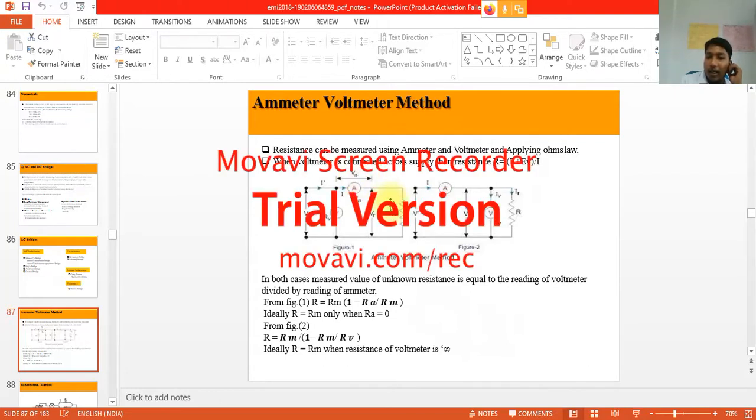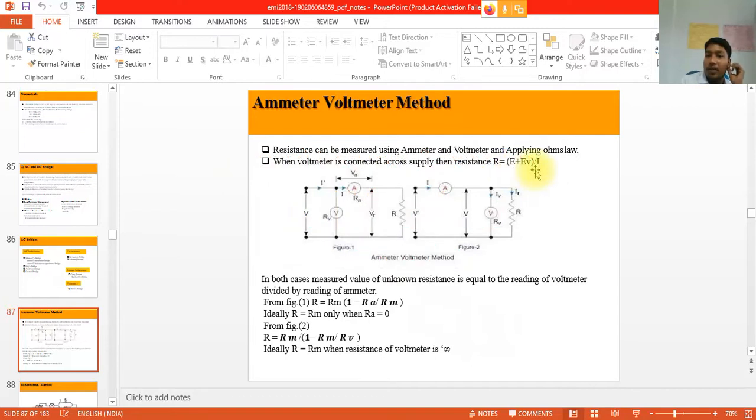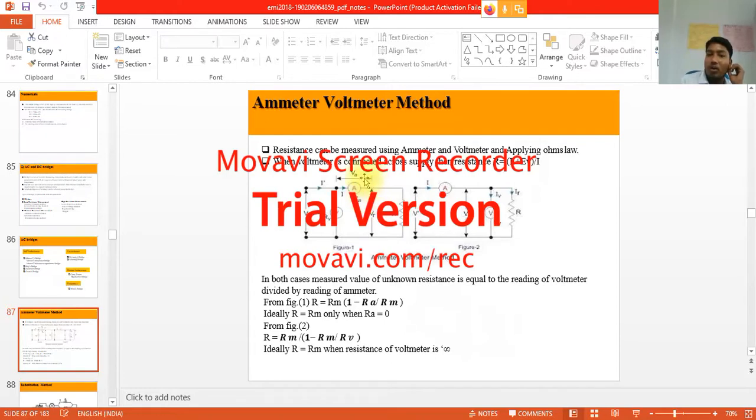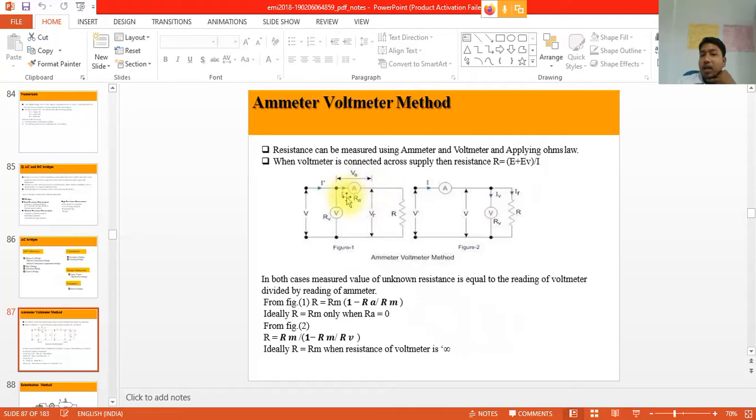That's why the resistance is calculated in these terms, (E plus EV) by I. E is the supply voltage and EV is the voltage drop across that instrument, meaning the ammeter.